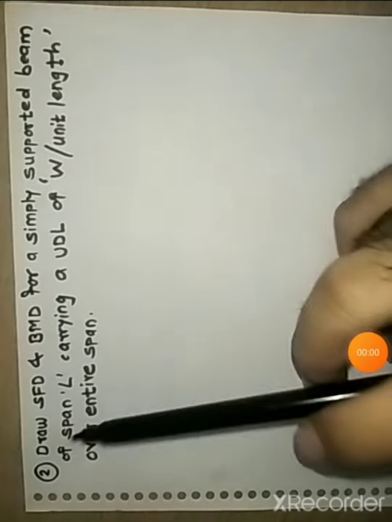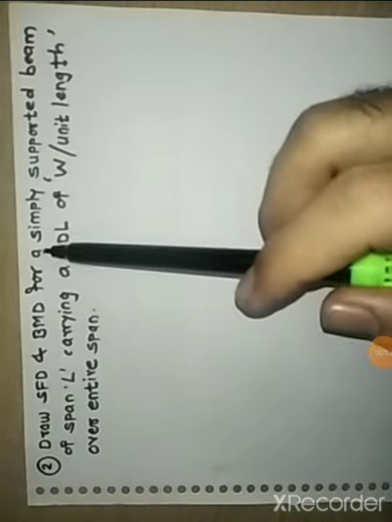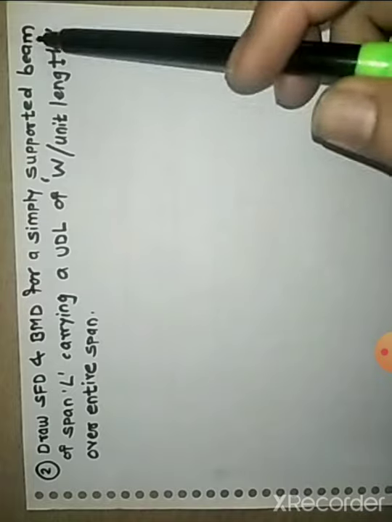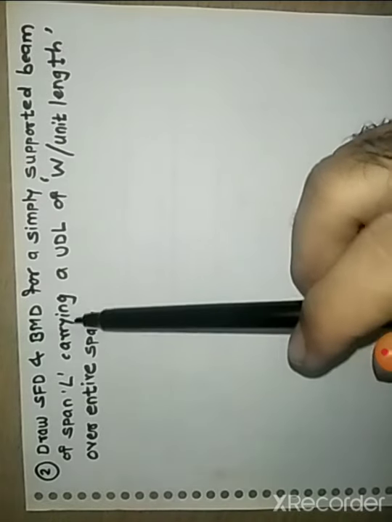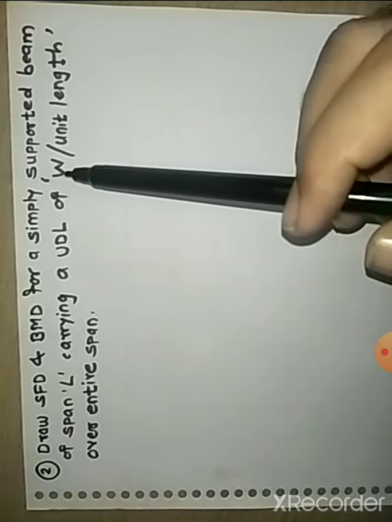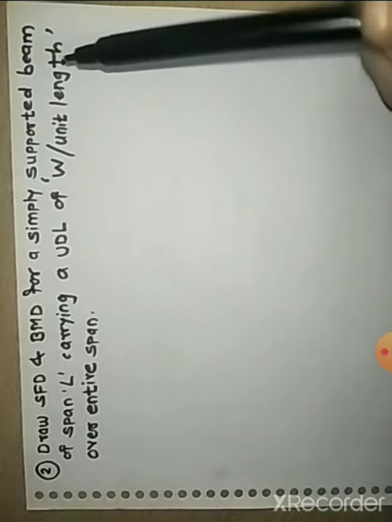What is given? Draw SFD and BMD for a simply supported beam of span L carrying UDL of W per unit length.